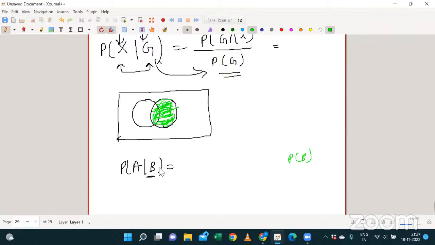What is the probability of A? In this green region, what's the chance of this red region occurring? This red region is nothing but A intersection B. And the total is the probability of B. That is favorable over total. That's all.